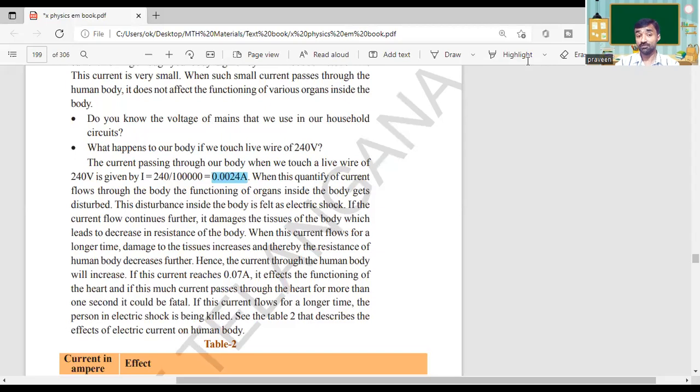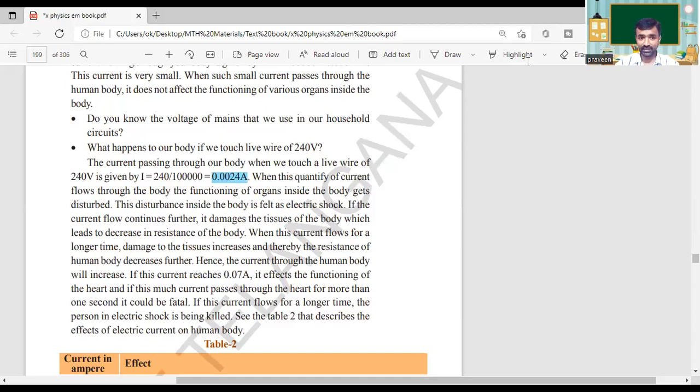That simply causes death. The voltage is the same, but the amount of current through your body increases, and the temperature falls.